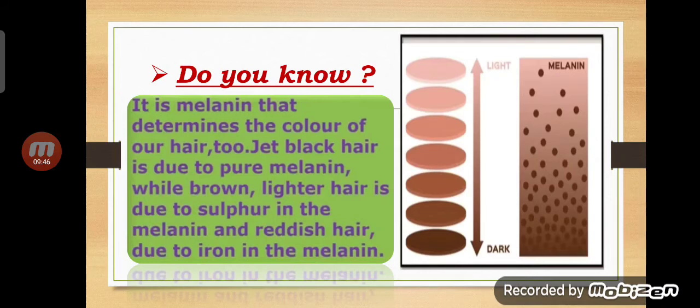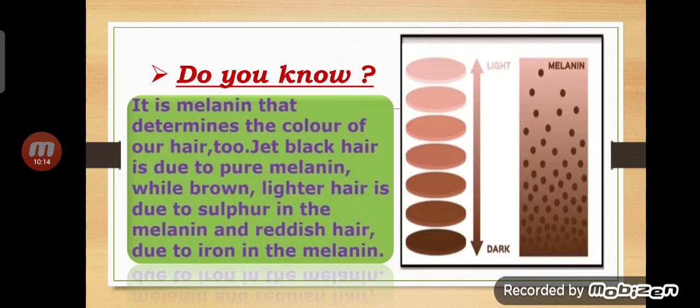Now, do you know children? The color of your hair is jet black. So, how is it possible? It is due to the pure melanin. While one who has brown or lighter hair, it is also due to the sulfur in the melanin, and reddish hair is due to iron in the melanin.